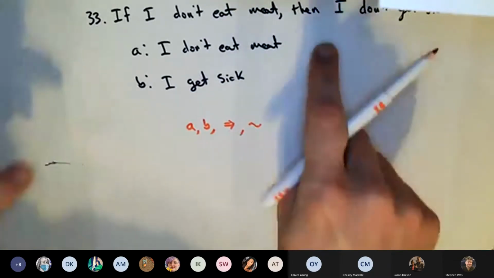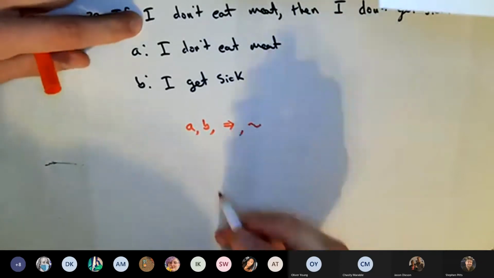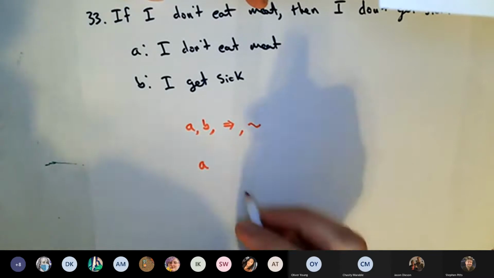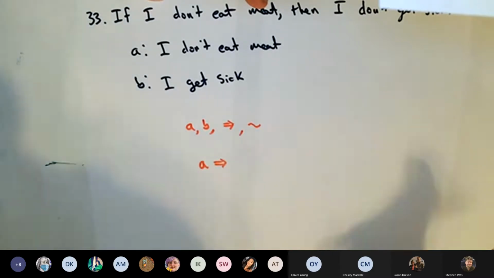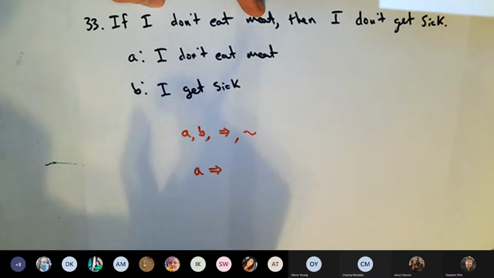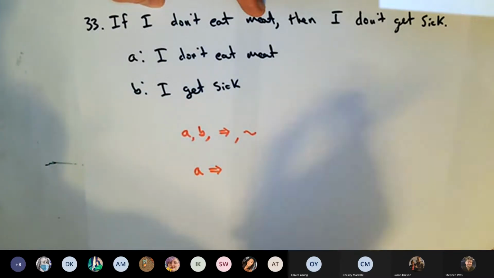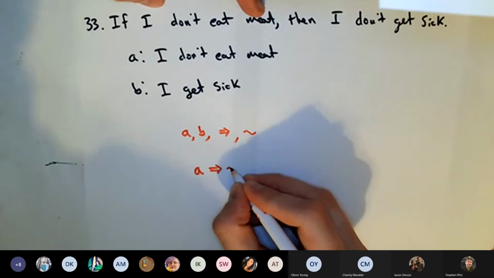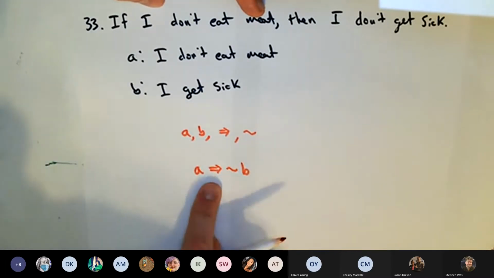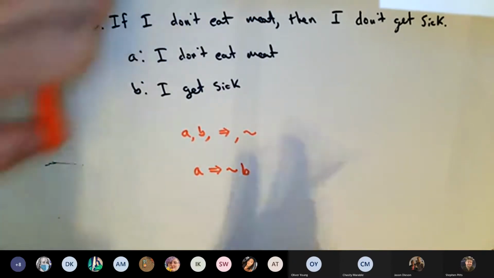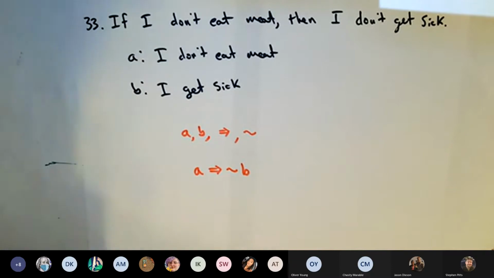And the way this is going to look when it's an if-then, you write the first part, A, and then you write implies. So this one goes out of order a little bit. The other ones are real nice, you read them in order, like M or B, and the statement is in the exact same order. But here you'll read it as if A, then not B, or A implies not B. So that's just two different ways to read that when it's in symbol form.